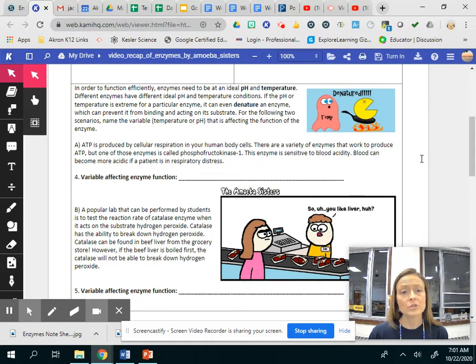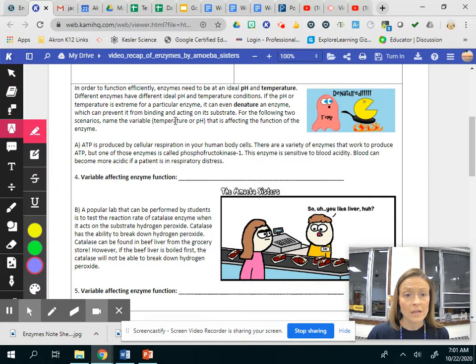So for the following 2 scenarios, name the variable, temperature or pH, that is affecting the function of the enzyme. So that is what I want you to look at, is the variable. You are writing temperature or pH on your line here and here.